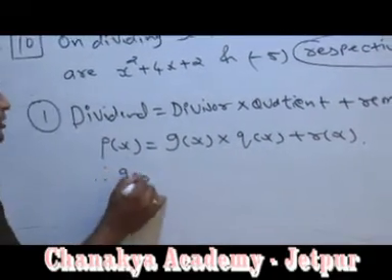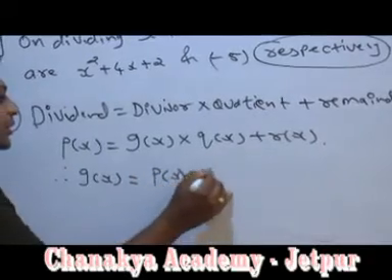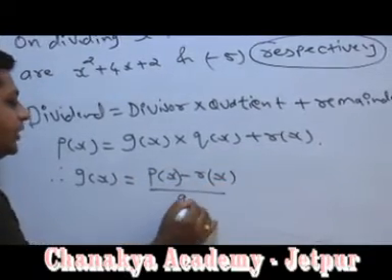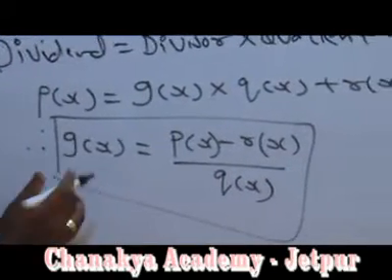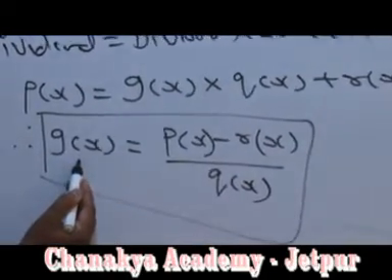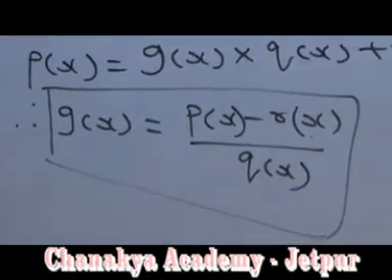Therefore g of x equal to p of x minus r of x divided by q of x. Students, here we have derived our g of x: the divisor polynomial equals the dividend polynomial minus the remainder polynomial, divided by q of x.